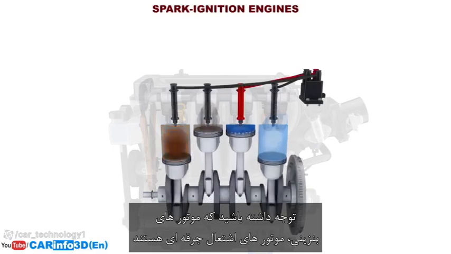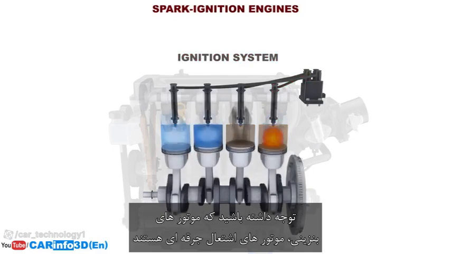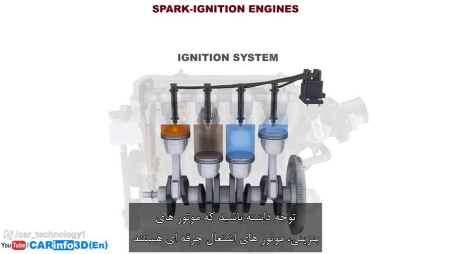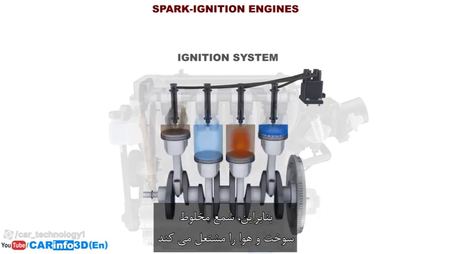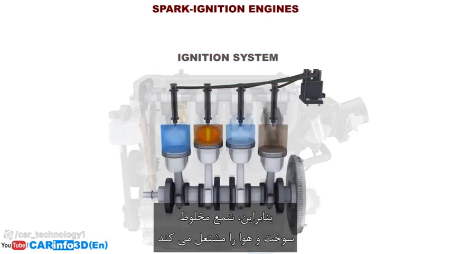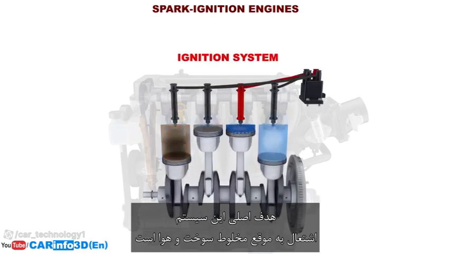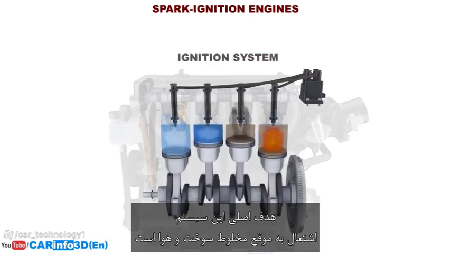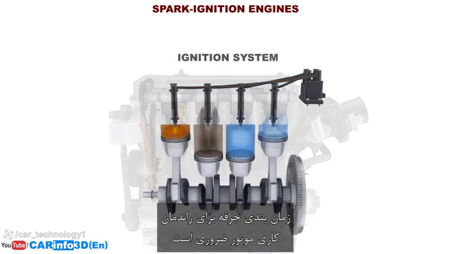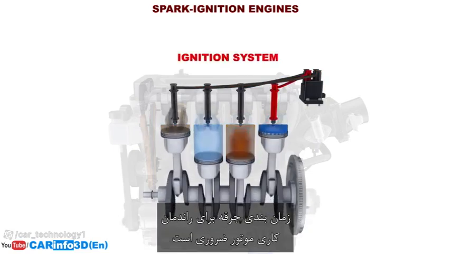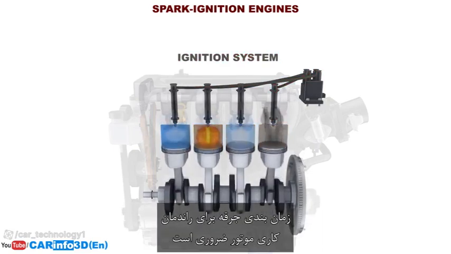Please note that gasoline engines are spark ignition engines, since it is the ignition system, namely the spark plug, that ignites the fuel-air mixture. The primary goal of this system is to ignite the fuel-air mixture on time. Ignition timing is critical to the efficient operation of the engine.